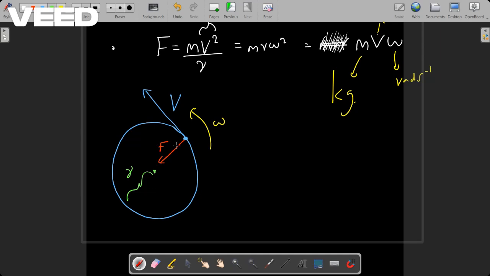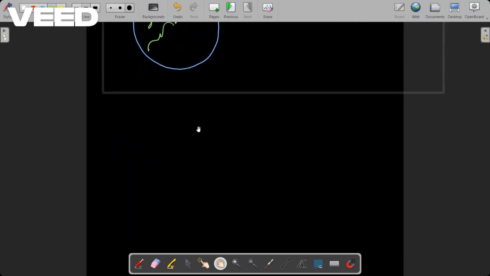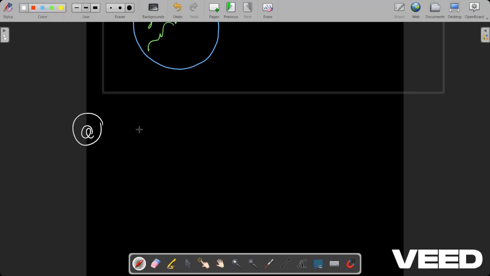Now let's take an object or a ball, just like in a question. Now this is a question. There's a string, and it is being rotated around this orbit.